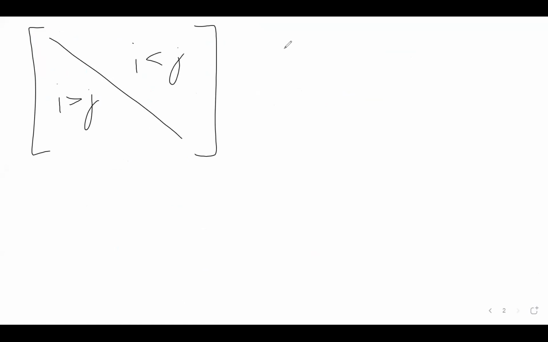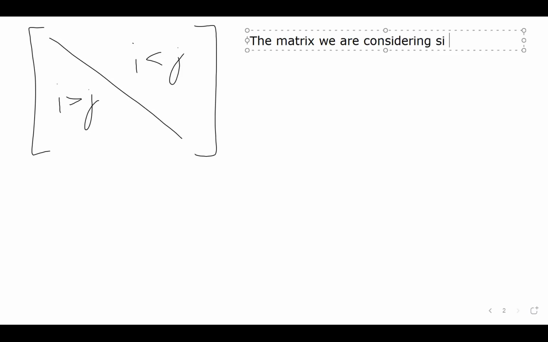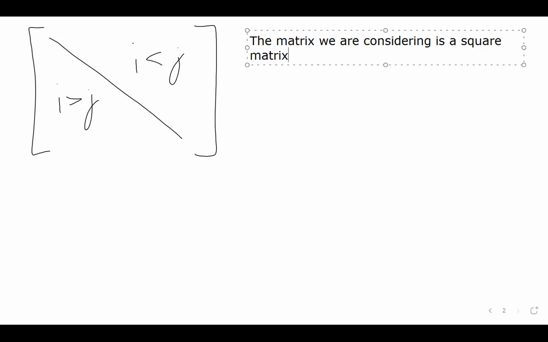And what do I mean by that? I'm using the notation for this square matrix, saying that the matrix we are considering is a square matrix, capital A, which is equal to a sub ij.